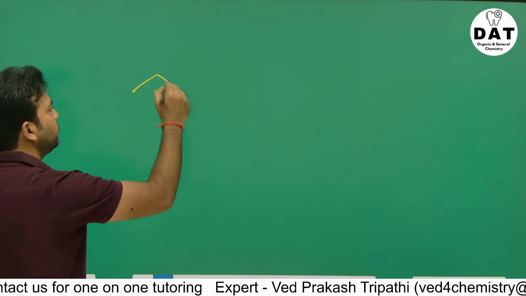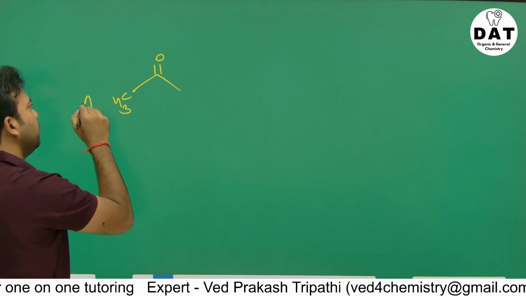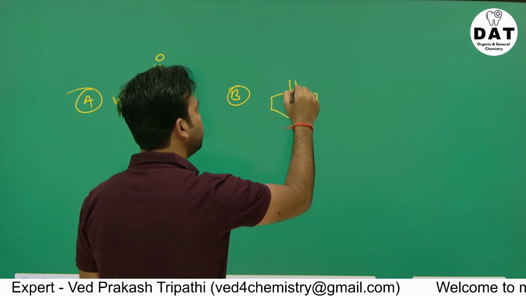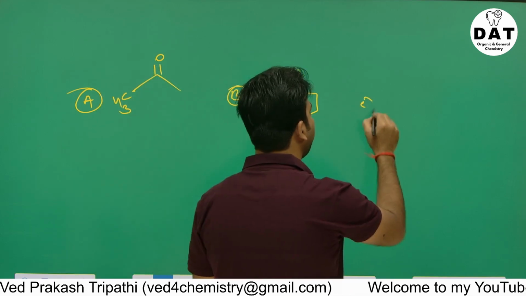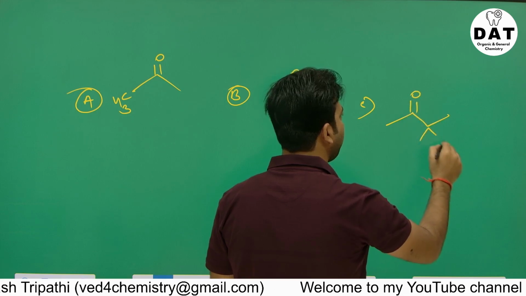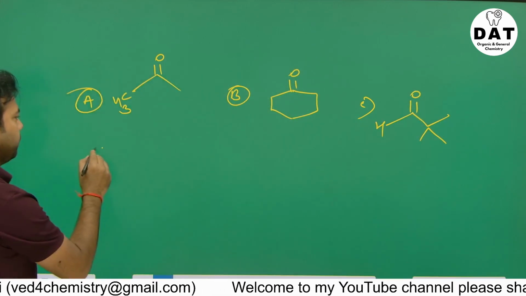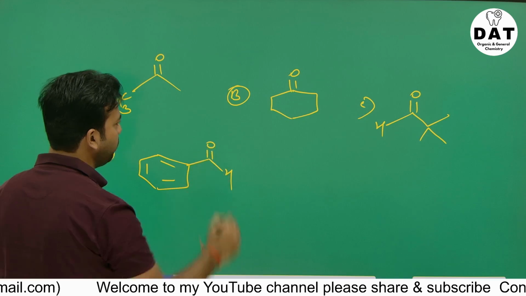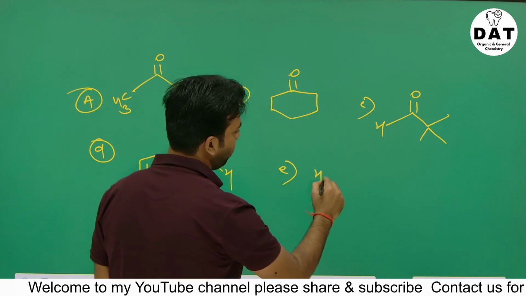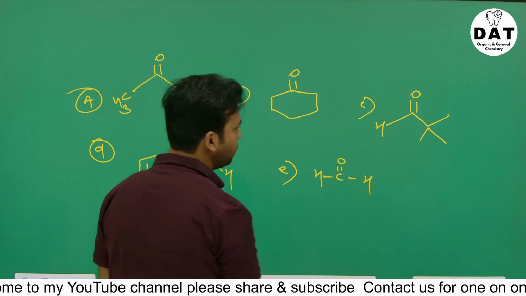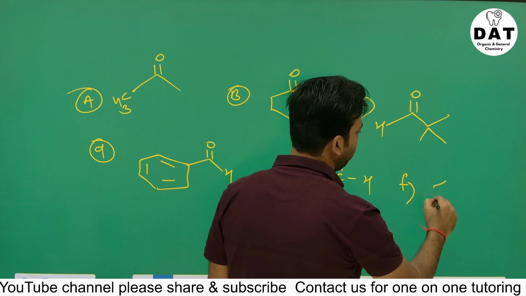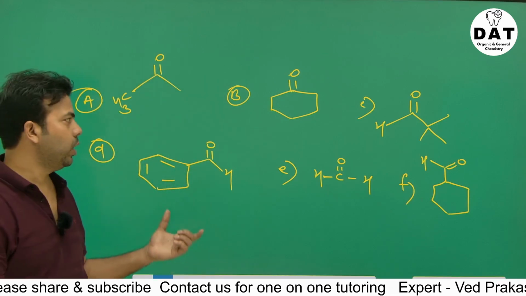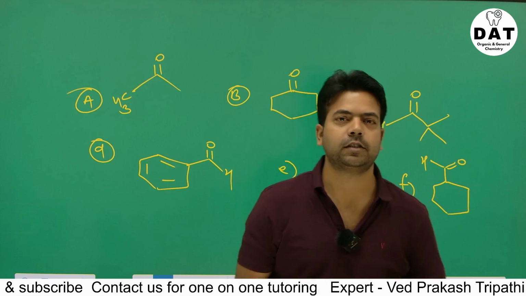So look at here the example. This is compound A. This one is my compound B. This one is a compound C. This one is a compound D. This one is a compound E. And this one is my F. So here we have to find out which of the following compounds we can use as a reactant in self-aldol condensation.